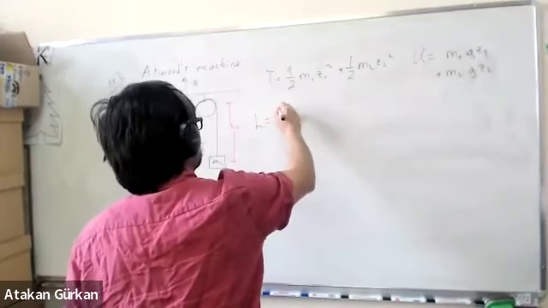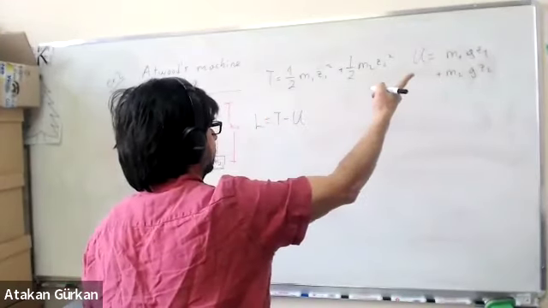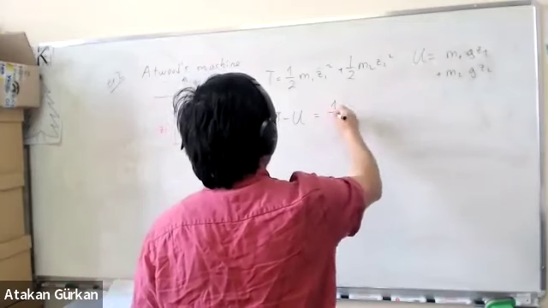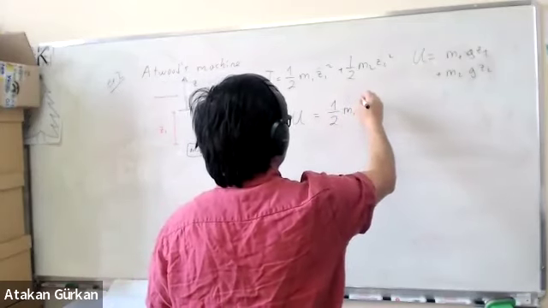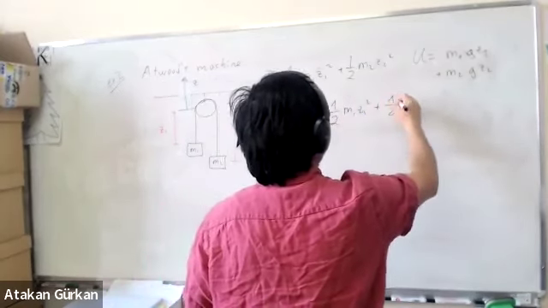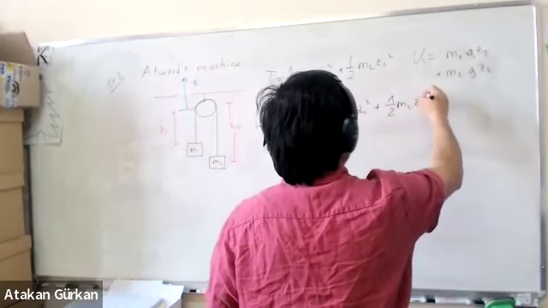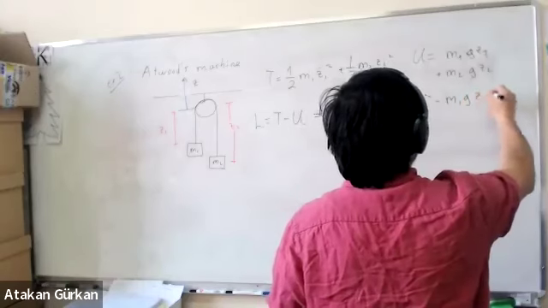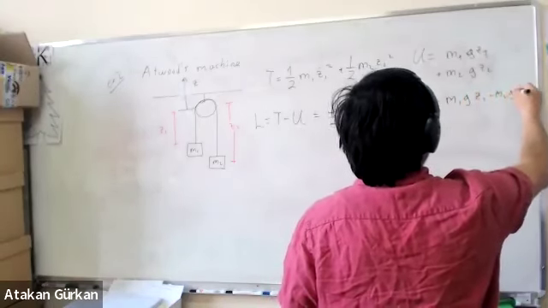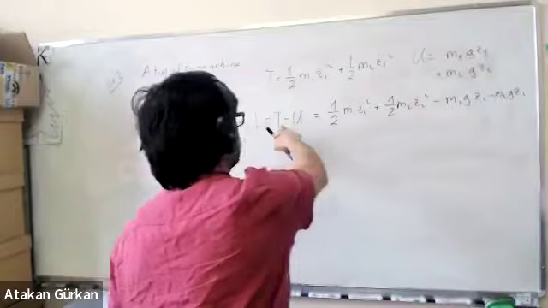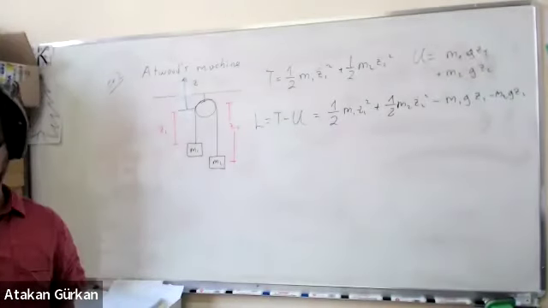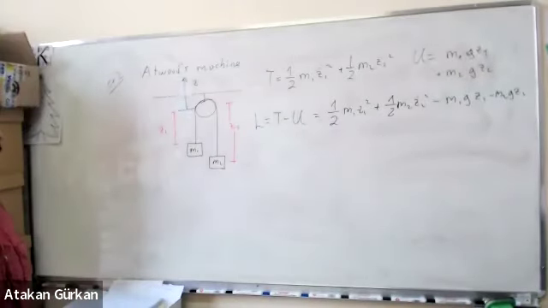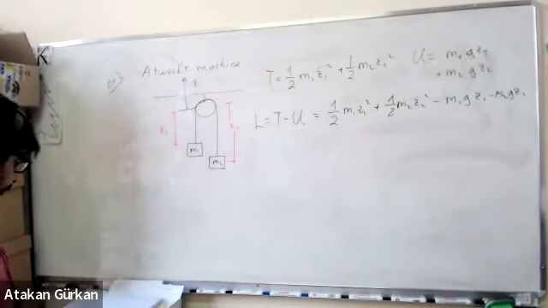So L is T minus U. So then I'm going to pick up a negative sign: minus M1 G Z1, minus M2 G Z2. That negative sign is coming from here.